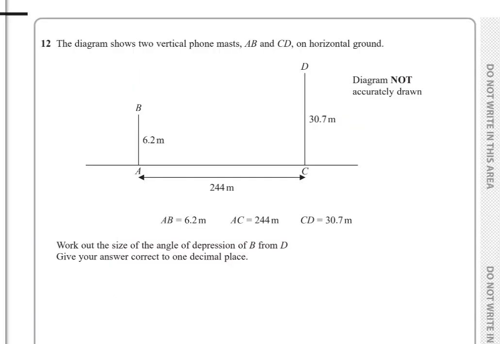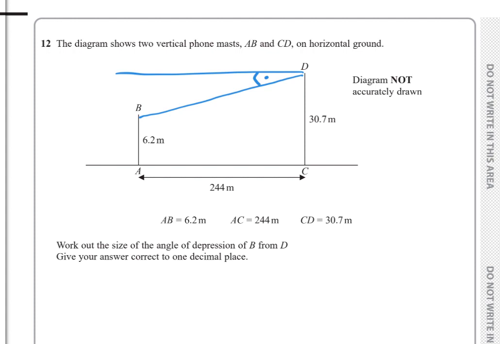Number 12. The diagram shows two vertical phone masts, AB and CD, on horizontal ground. Work out the size of the angle of depression of B from D. The angle of depression is the angle between the horizontal from D and the sight line from D to B. So we need to find this angle.